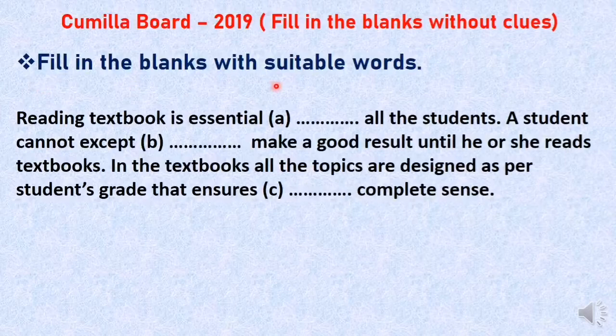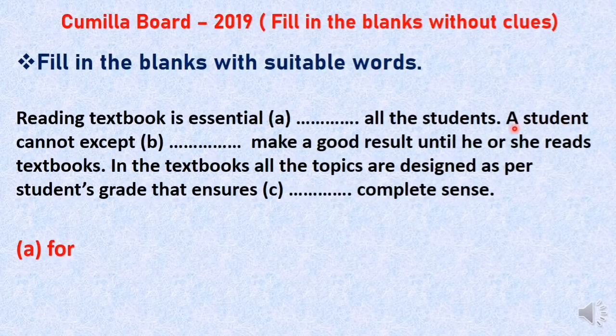Fill in the blanks with suitable words. This is the question, and now we are going to read this passage and solve it. Reading textbooks is essential, that is necessary, dash all the students. Here we need a preposition and the preposition will be for. A student cannot expect dash make a good result until he or she reads textbooks.